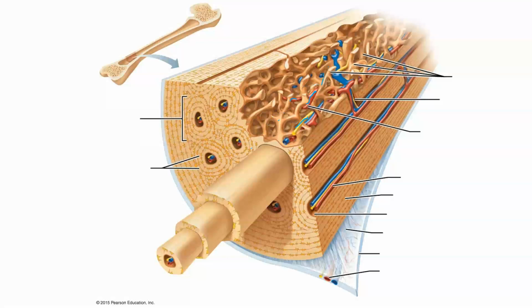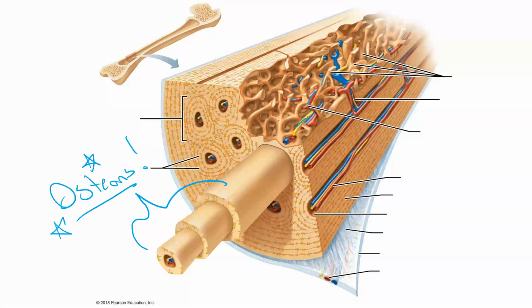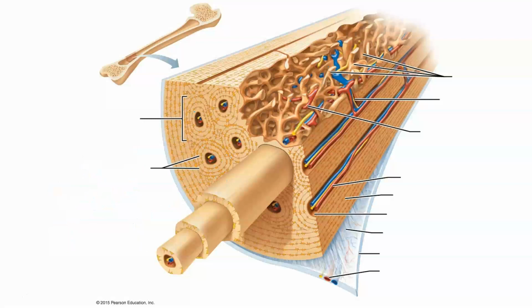Now the compact bone then is, much as its name suggests, much more compact. It's made up of a repeating set of functional units which are called osteons. And this is an important word to know. And what an osteon is, it looks almost like a straw. So here we're seeing each one of these is an osteon.